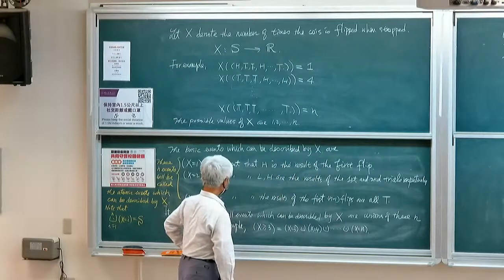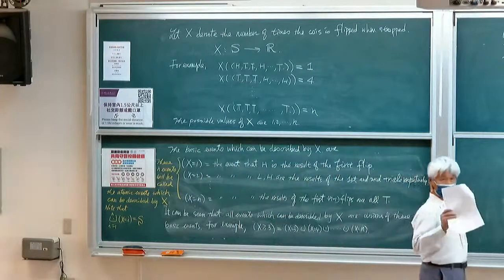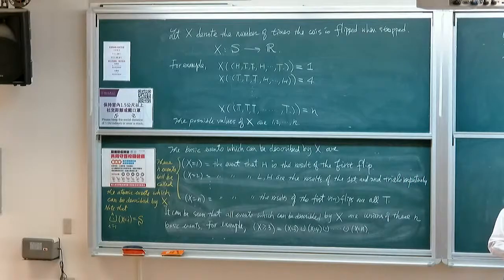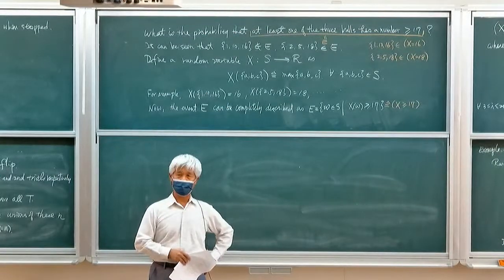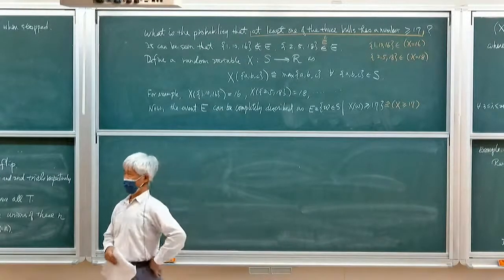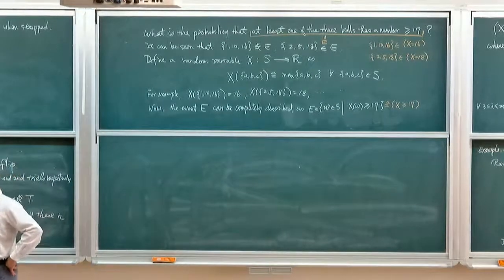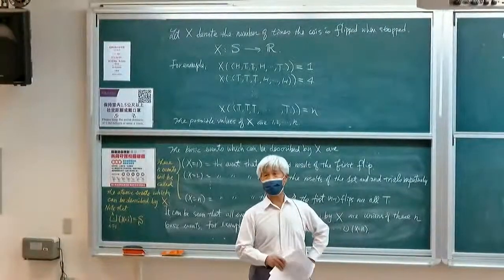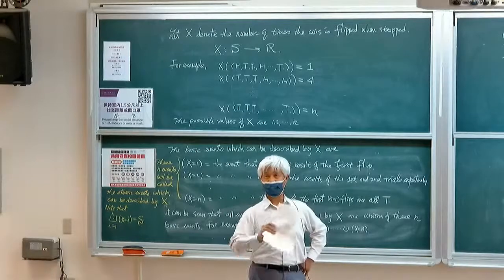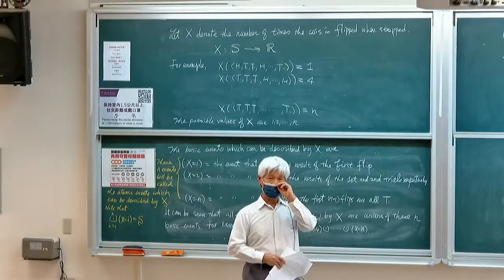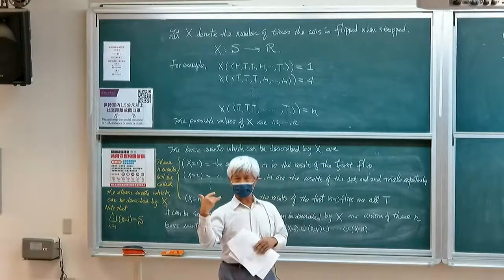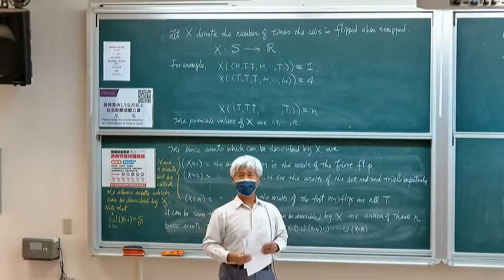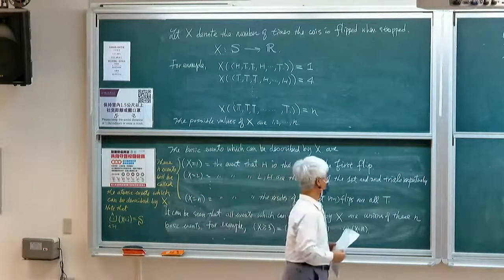So random variables will play important roles, as you will see when we proceed in this semester. This is because in many practical situations, only random variables can be observed, not the outcome itself. So the outcome will be hidden in what is the black box. Okay. All right?